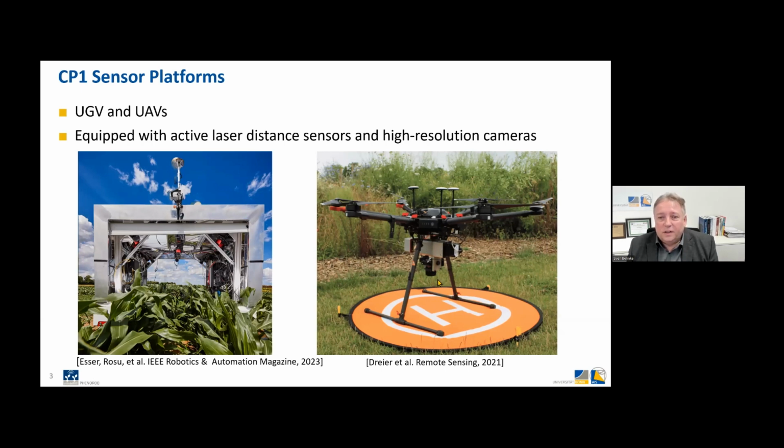So an entire field is visible if you fly high enough. And these platforms are equipped with 3D sensors like LiDAR, laser range sensors, or laser triangulation sensors. And they are also equipped with high resolution cameras.